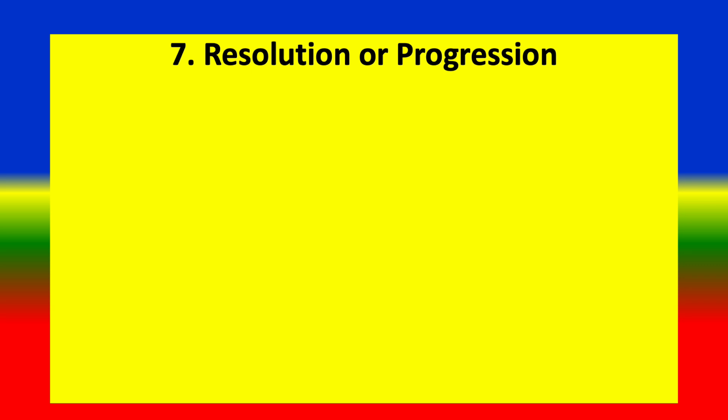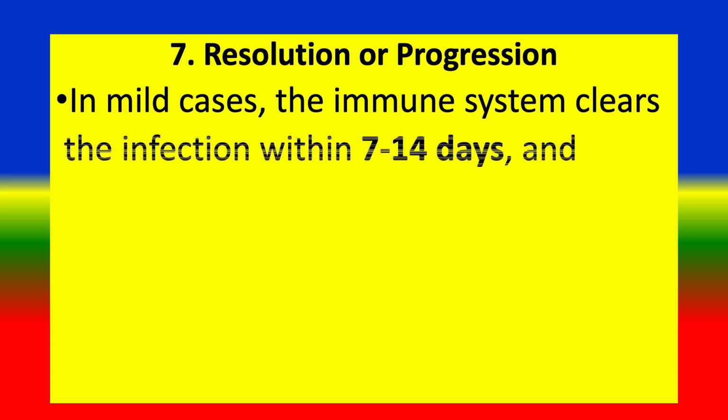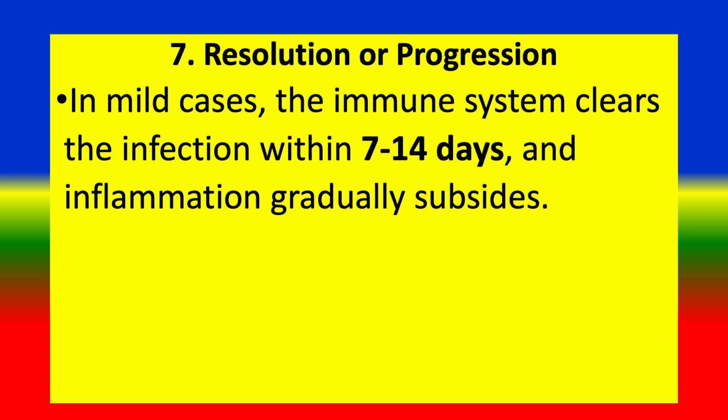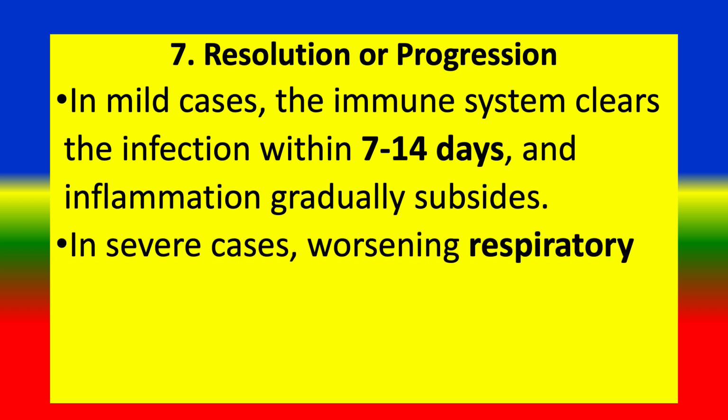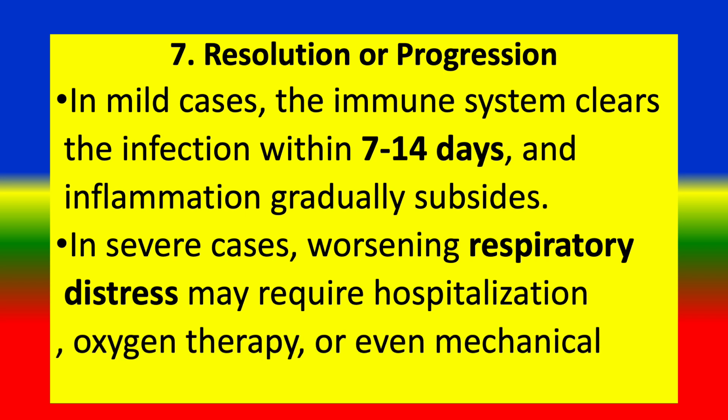7. Resolution or progression. In mild cases, the immune system clears the infection within 7 to 14 days and inflammation gradually subsides. In severe cases, worsening respiratory distress may require hospitalization, oxygen therapy, or even mechanical ventilation.